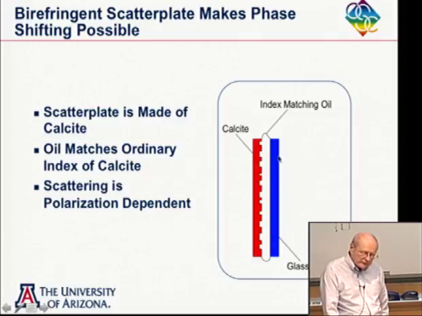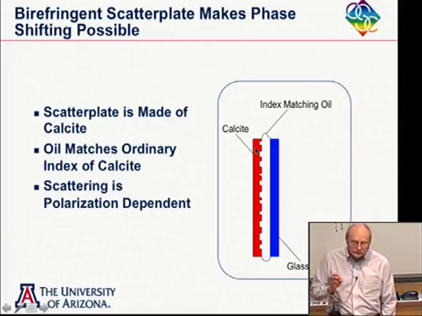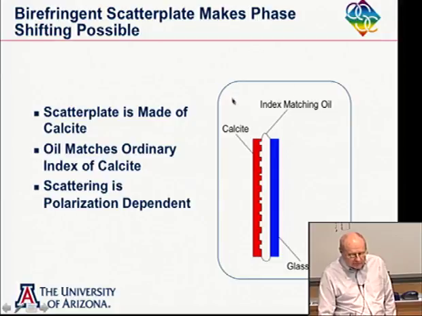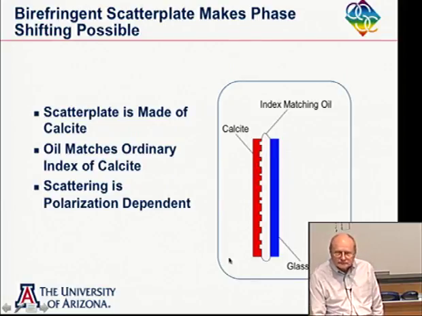Then I'm going to put a glass slide on here with some index matching fluid in here. So this calcite has two refractive indices depending on the direction of polarization. And so I'm going to make this index matching fluid have the refractive index of one of these two refractive indices of this calcite.